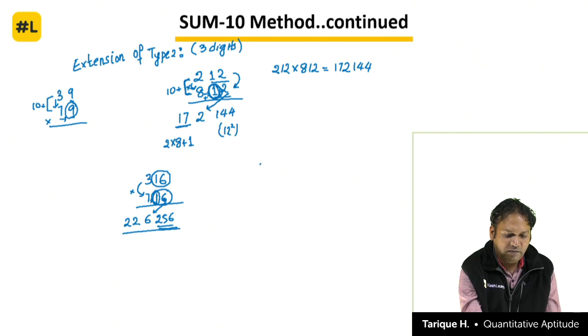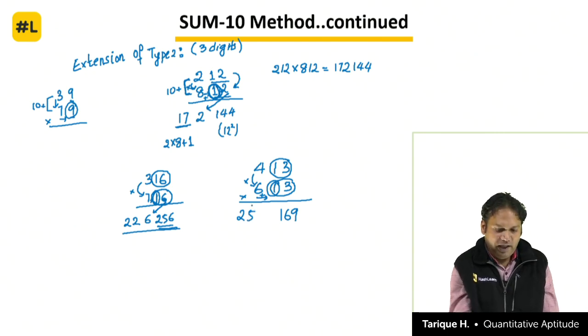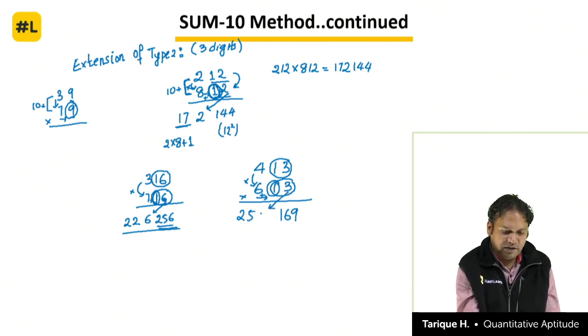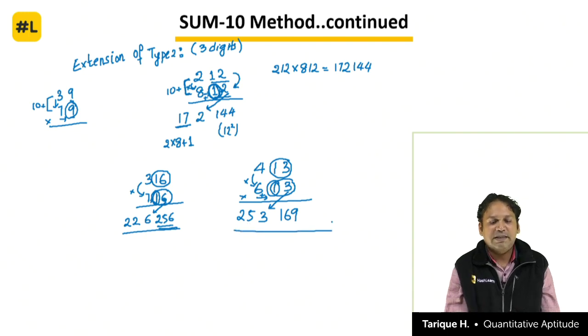Let's take 413 into 613. Let me write bigger. First you multiply 13 into 13. 4 into 6, 24 plus this 1, 25, and 3 comes in the center, 253169.